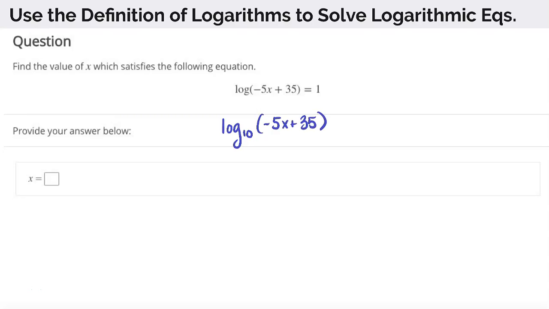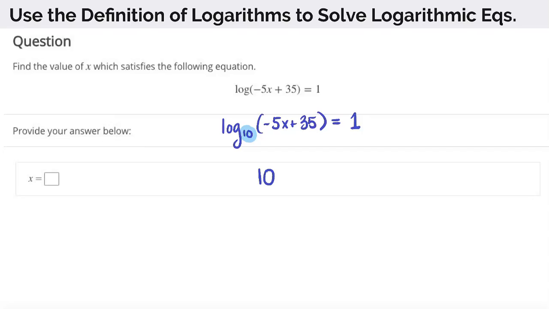And now, if it says here we're supposed to use the definition of logarithms, all we need to do at this point is translate this to the corresponding exponential statement using the inverse relationship. So remember, whatever the base of our log is, we're going to use the same base for our exponential.